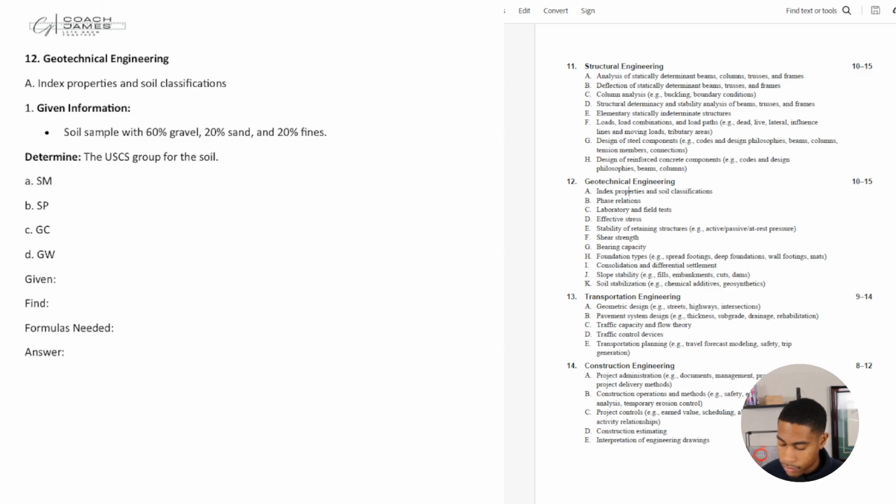All right, so number one says, given the information, a soil with 60% gravel, 20% sand, and 20% fines, determine the USCS group for the soil. Okay, so what information are we given? Well, we are given a soil sample with percentages, right?